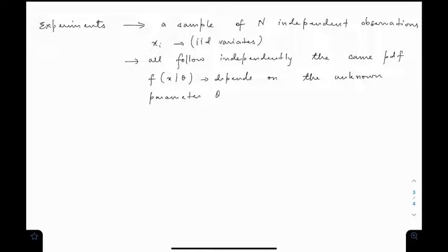So what we have is f tilde of x1, x2, all the way up to xn given theta.